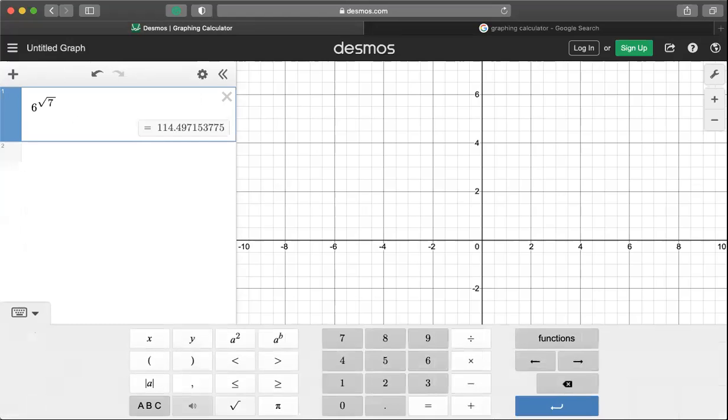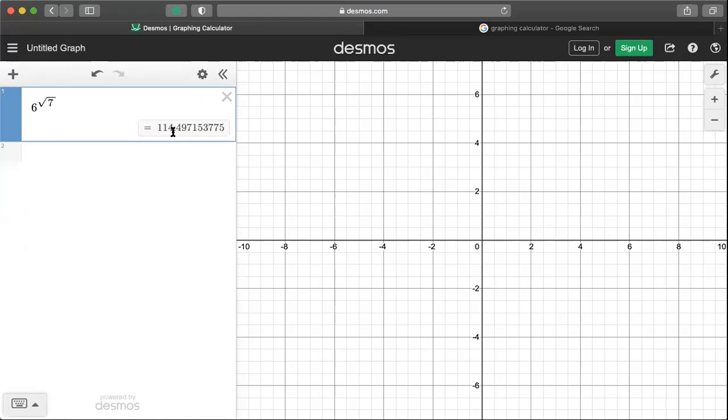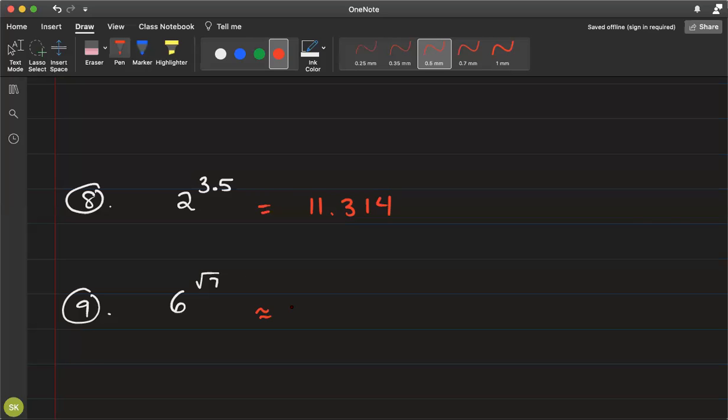Yeah, so you can put a square root right there. Just make sure you're in the exponent. So it looks like it's 114.5. So let's round it to that, 114.5. So let's go back. This is about 114.5. This one was an about sign too.